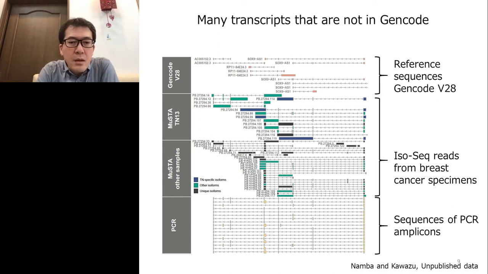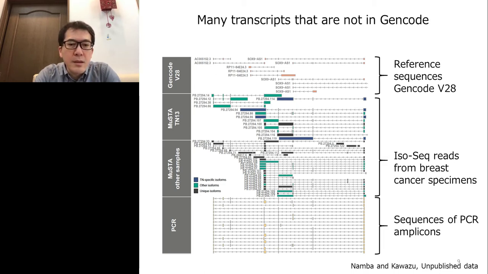In this slide, the actual sequences of representative gene SOX9-AS1 that we detected in this project are presented. SOX9-AS1 is encoded next to and opposite of SOX9 gene. At the top of this slide, reference sequences registered in Gencode are presented.